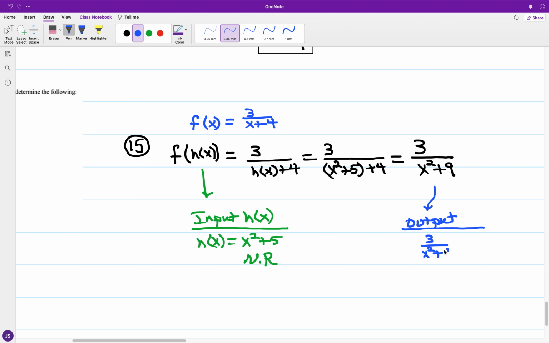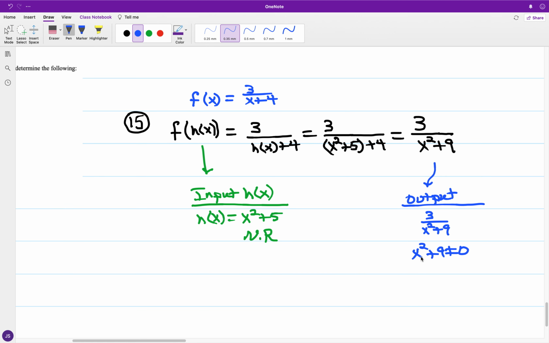Now the restriction is going to be that x squared plus 9 cannot be 0, but guess what? If I set x squared equal to negative 9, the exclusions would be plus and minus 3i.